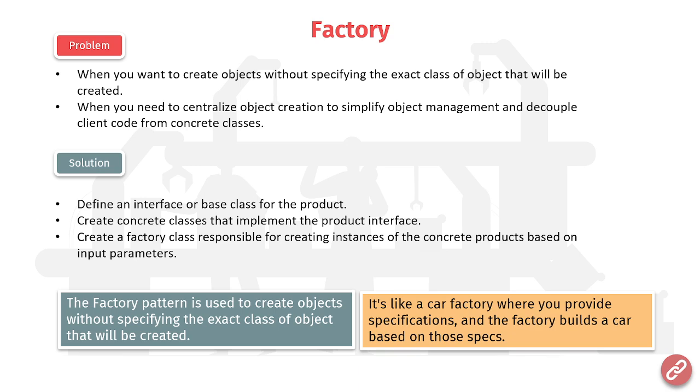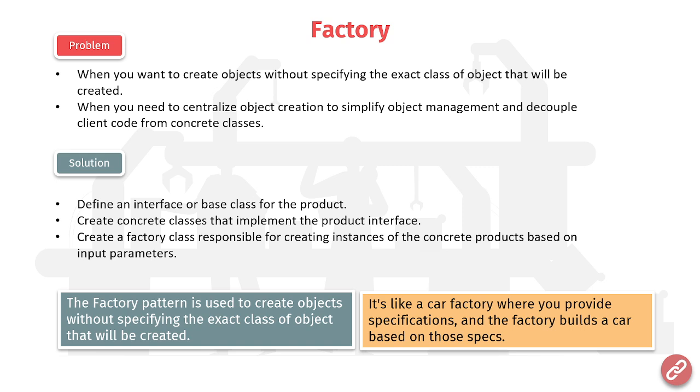Then you have to create the factory class, which is responsible for creating instances based out of those concrete classes. So which object will be created will be based on the input parameters that you are going to specify. Right, we will see that in the implementation.